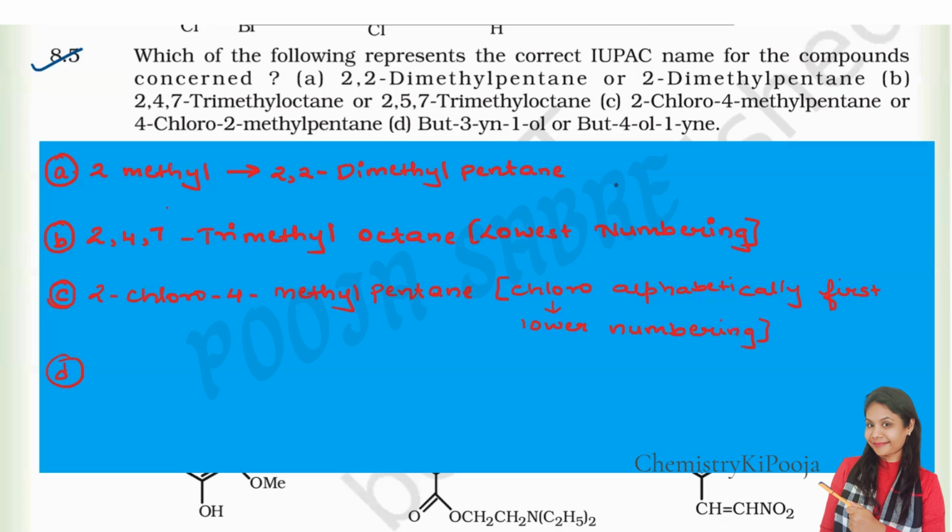Okay, because if I have a triple bond and OL, then definitely the lowest possible number should be given to the functional group, because already we have studied the functional group priority sequence, right? You can check that video which I have shared already. Also in that video, I have shared a best trick to remember the priority order for polyfunctional groups. So over here, OL, that is the OH group, should be given the lowest numbering. So the first naming is correct. That is but-3-yn-1-ol. Okay, so this is the correct answer.